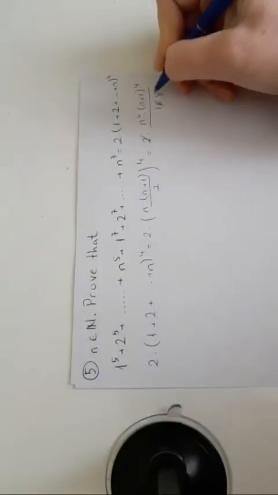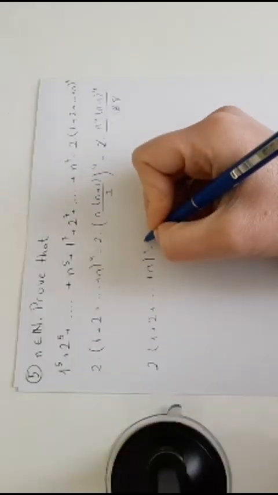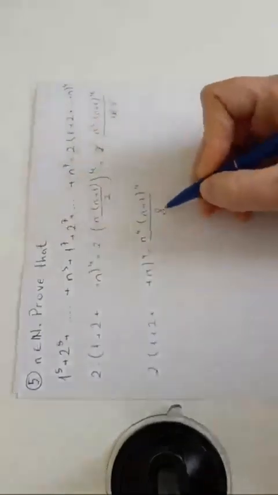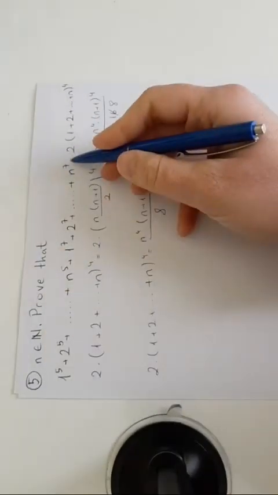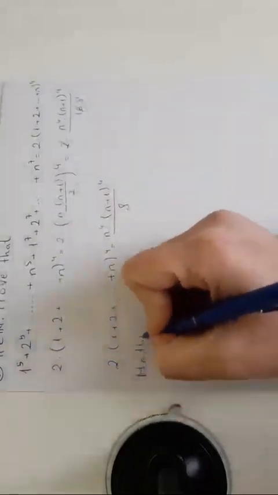If we simplify by 2, it will be 8. So the right hand side, 2 times (1 plus 2 plus till n) to the power of 4, is equal to n to the power of 4 times (n plus 1) to the power of 4 over 8. Now I need to show that the left hand side is equal to this one. I will use mathematical induction.